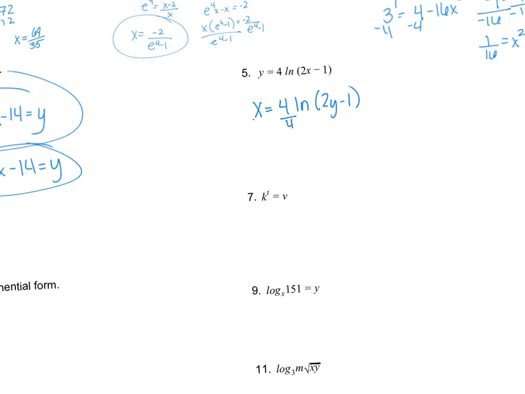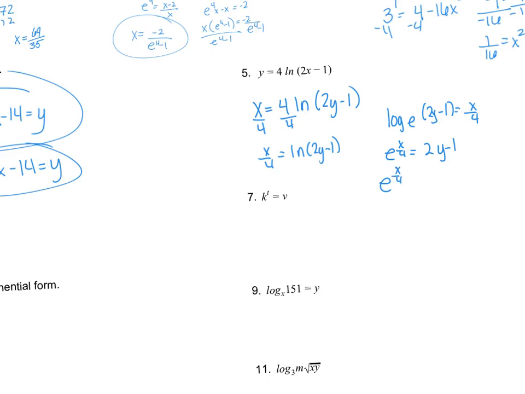So we divide by 4, x over 4 equals ln 2y minus 1. So log base e 2y minus 1 equals x over 4. E to the x over 4 equals 2y minus 1.